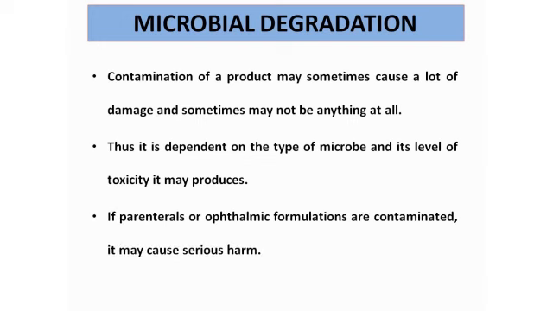If parenterals, means those drugs which are intended to be given directly into the systemic circulation, like injections, salines, and ophthalmic preparations, right? If parenterals or ophthalmic formulations are contaminated, it generally causes huge harm in the patient's body. That thing we have to keep in mind.